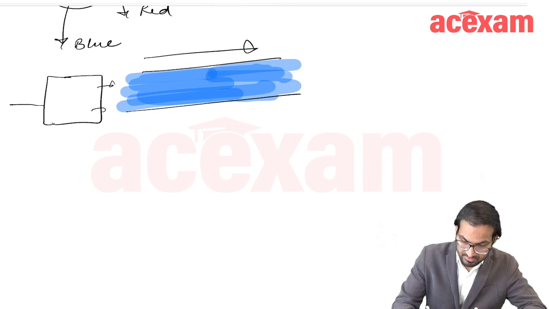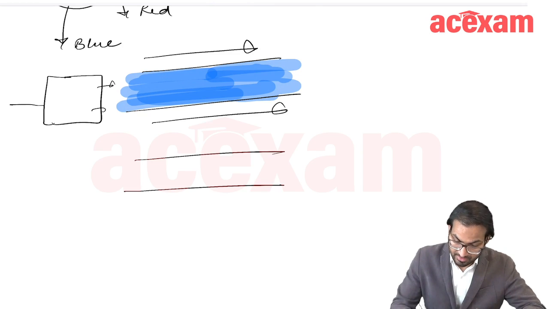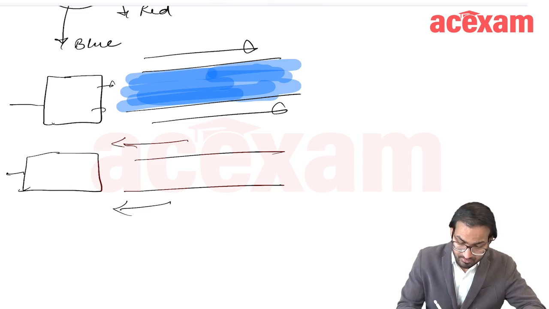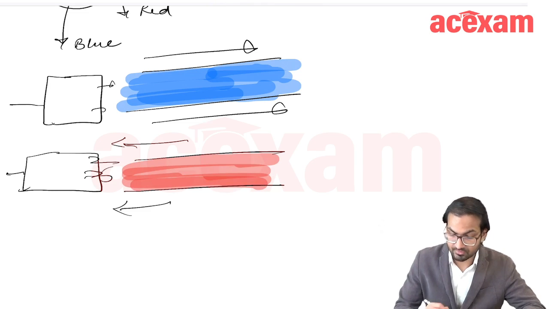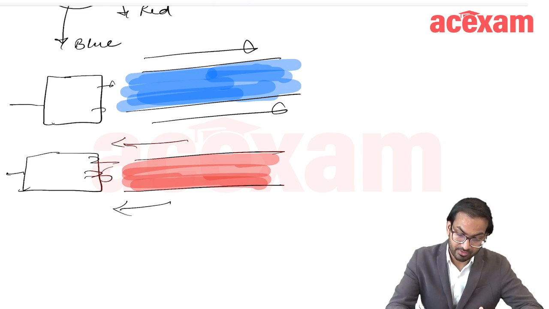So this is if blood is flowing in this direction. However, if blood would be flowing in this direction and we are doing a Doppler examination, what will happen? The color will appear like this. This will appear red. So this is the basic principle where we exploit the shift.